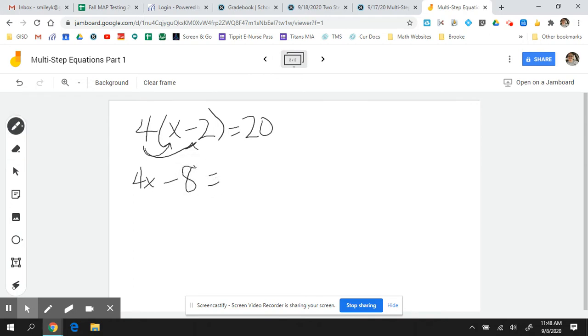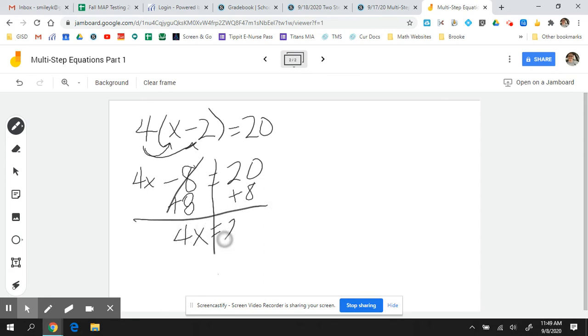All right, better. And bring down my 20. So if I split it up into 2 sides of my equal sign, I'm going to add 8 to both sides. All right, I'm left with 4x equals 28. Again, 4 and x are multiplying with each other, so divide by 4, and you're left with 7. Hopefully you got 7.